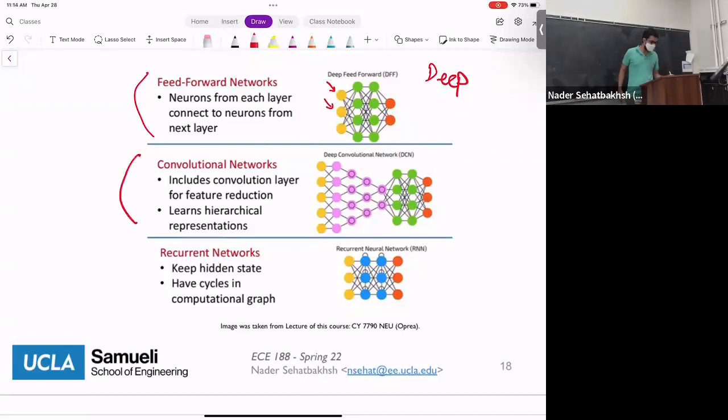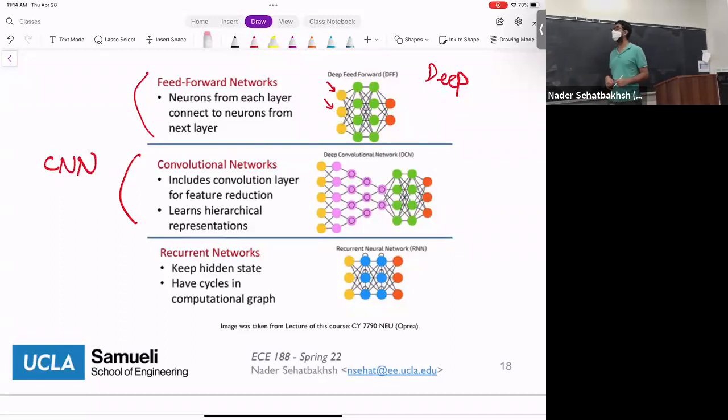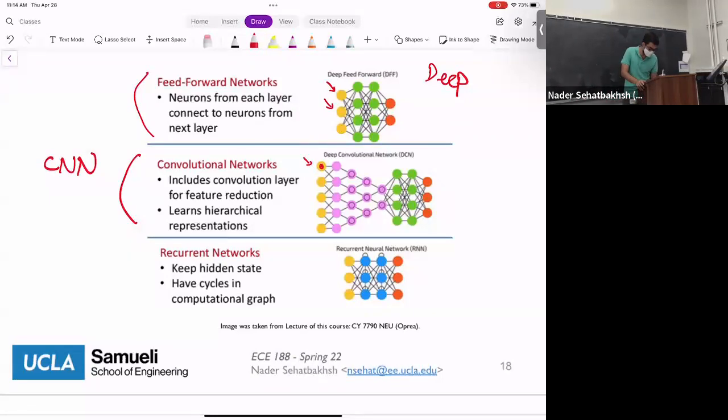There is the convolutional neural network, or CNN, which is basically saying that you don't necessarily need to connect all the neurons to the next layer. You only need to connect your neuron to a subset of neurons in the next layer. For example, this yellow one here is only connected to this one and this one, and the same story for this layer and this layer.